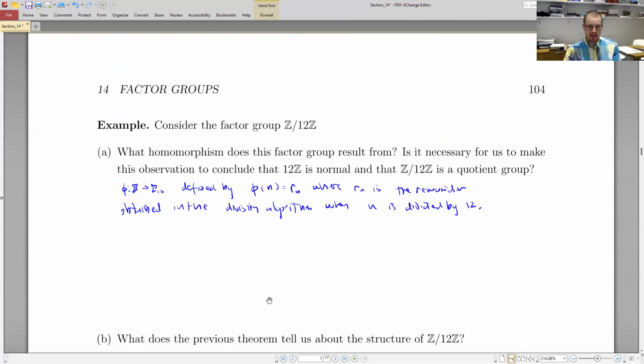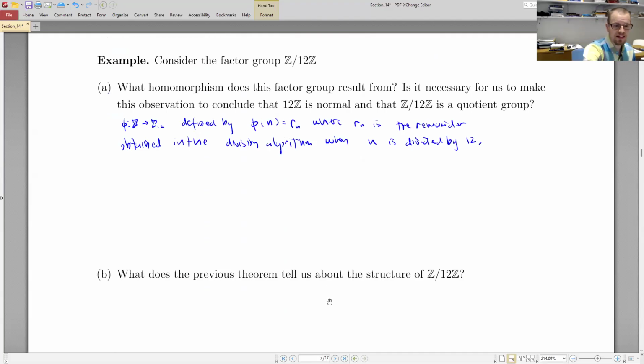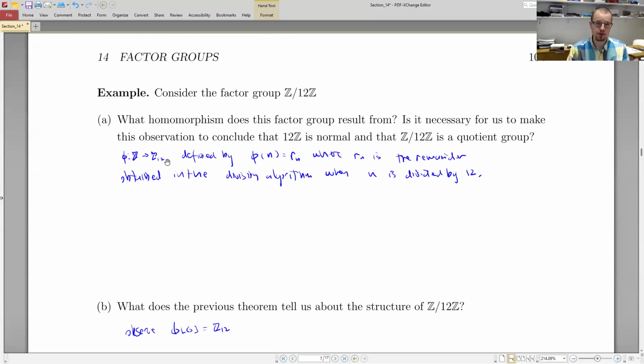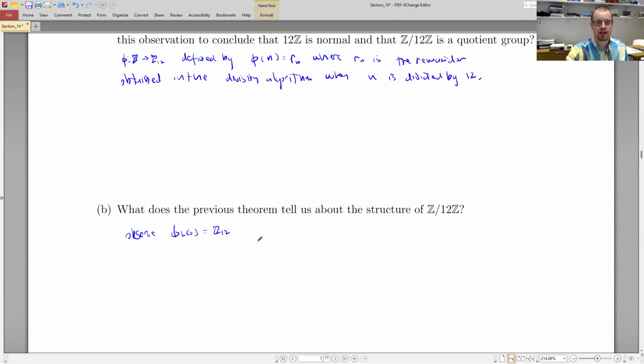So what does the previous theorem tell us about the structure? Well, what we can observe is that phi of G is exactly Z12 because, of course, we are familiar or comfortable with the idea that phi is at least onto. It's certainly not one-to-one, but it's onto, which means that phi of G is equal to that.